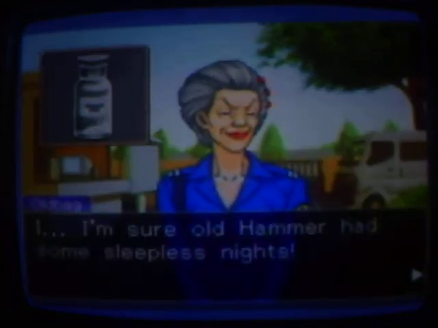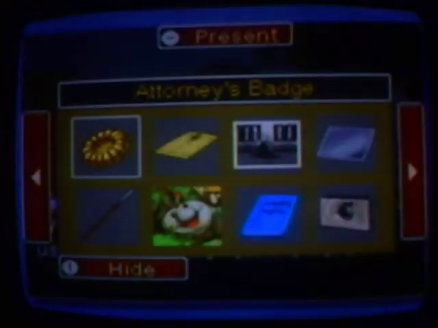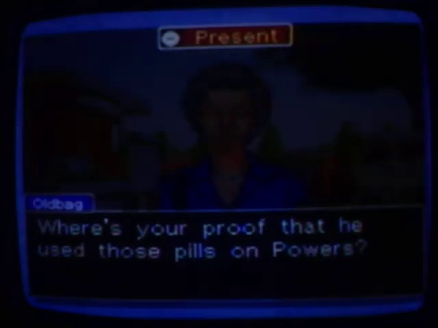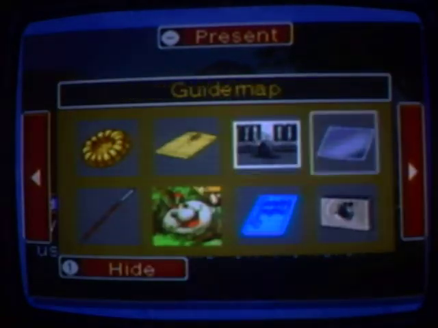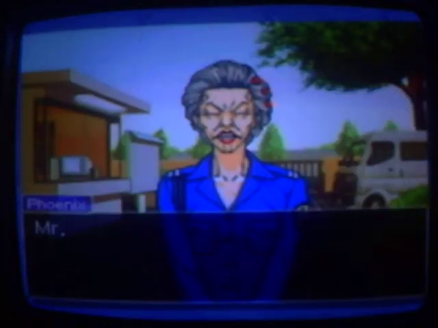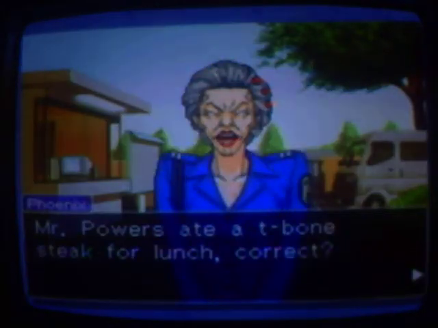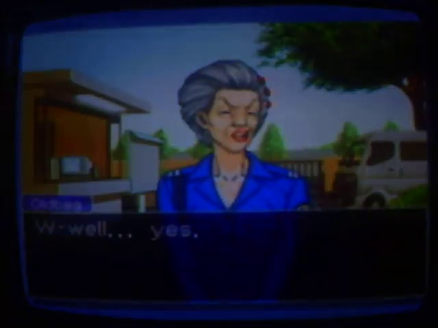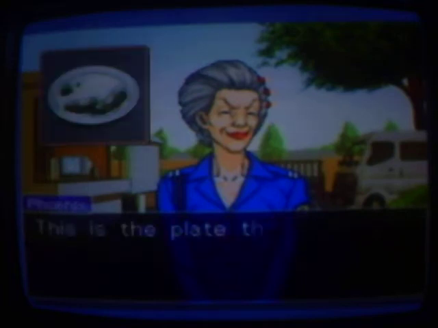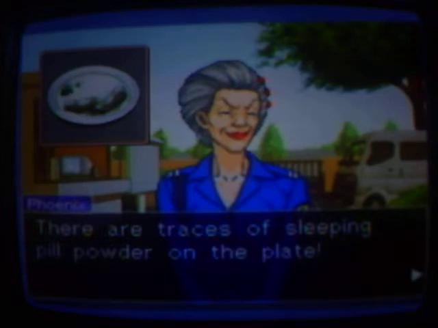I'm sure old Hammer had some sleepless nights. Where's your proof that he used those pills on Powers? Mr. Powers ate a T-bone steak for lunch, correct? Well, yes. So this is the plate that he used to eat that steak. There are traces of sleeping pill powder on the plate.